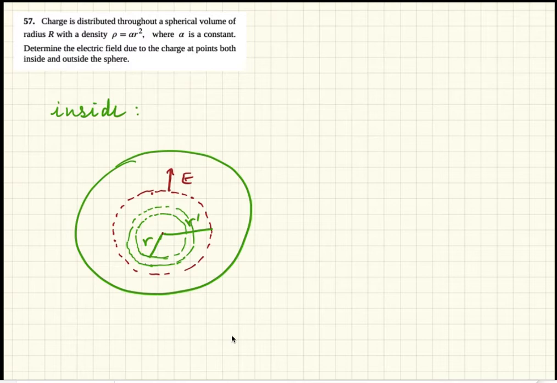So the charge on the shell we'll call dq.